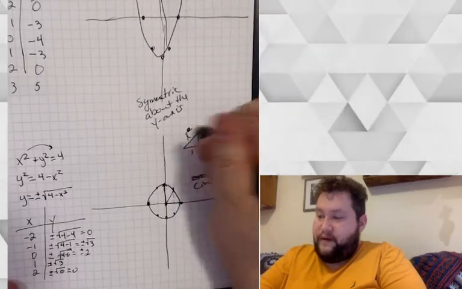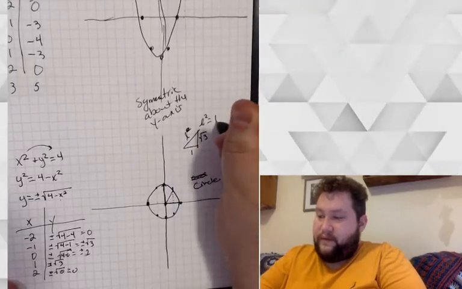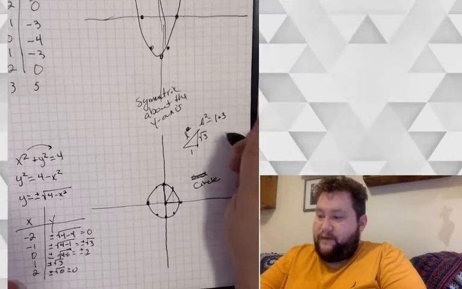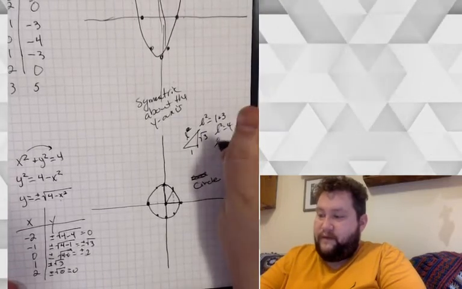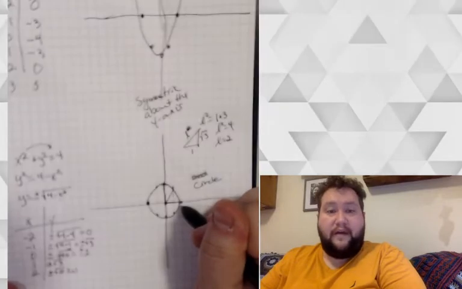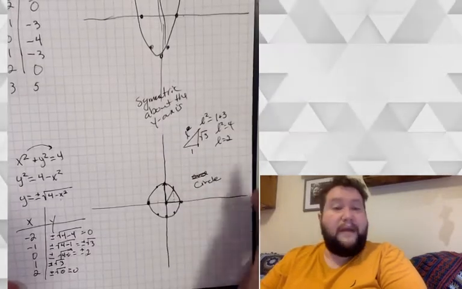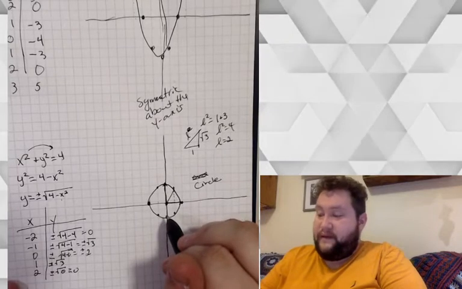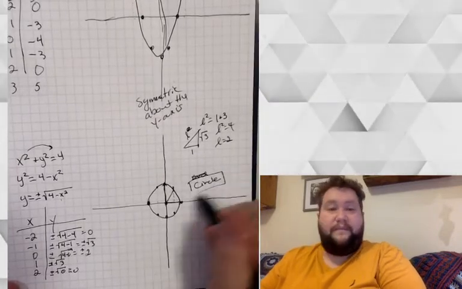Well, L squared equals 1 plus 3. L squared is 4, so L is 2. And remember, our circle has the same radius all the way around. And so while it may not look like it, this is indeed a circle.